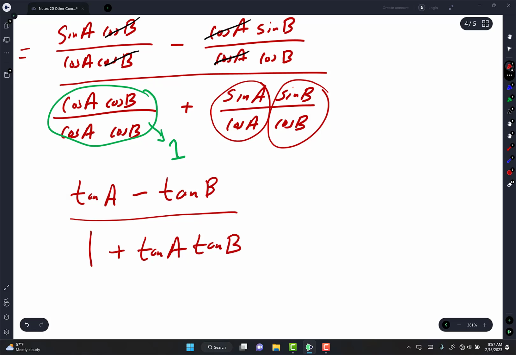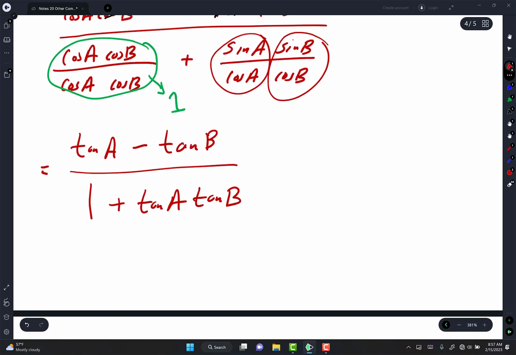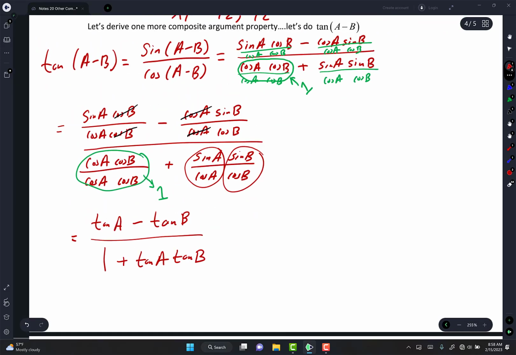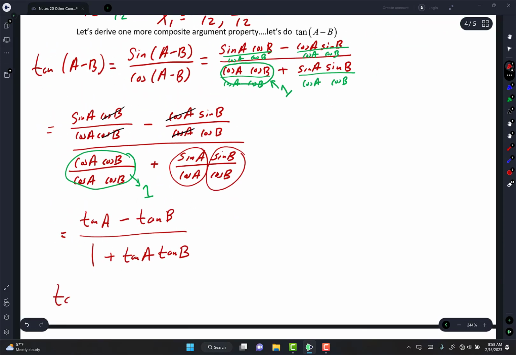Let me put the equal sign better in the middle. We just verified what tan of A minus B is. So tan of A minus B is nothing more than tan A minus tan B over 1 plus tan A tan B.